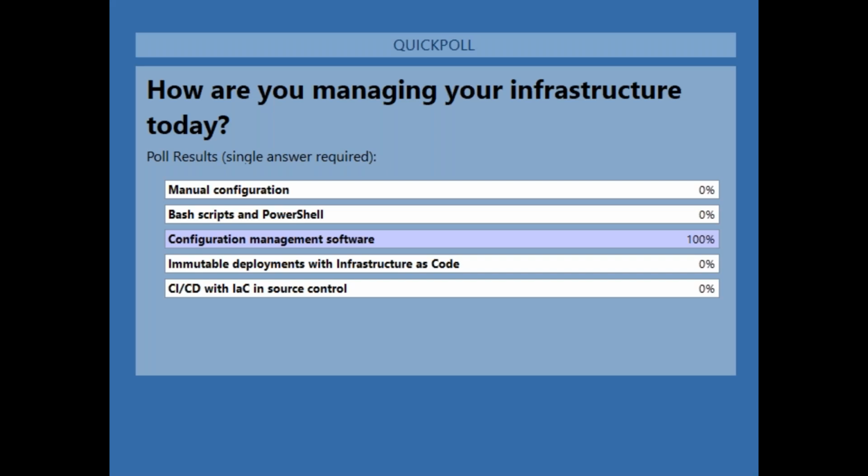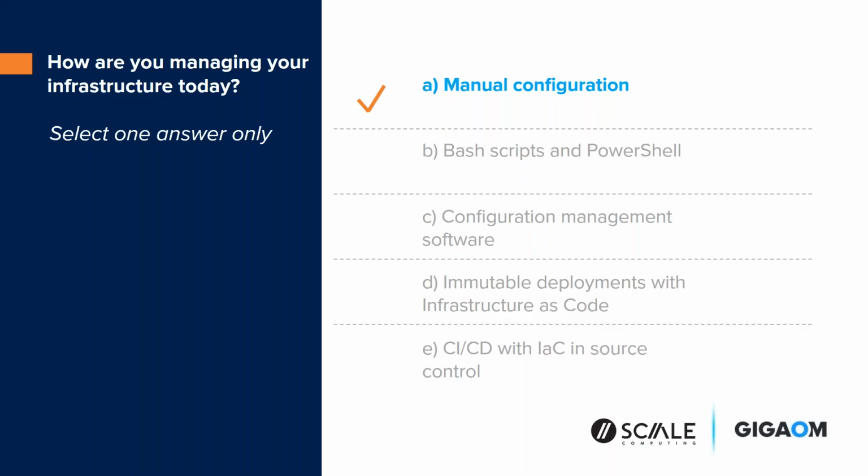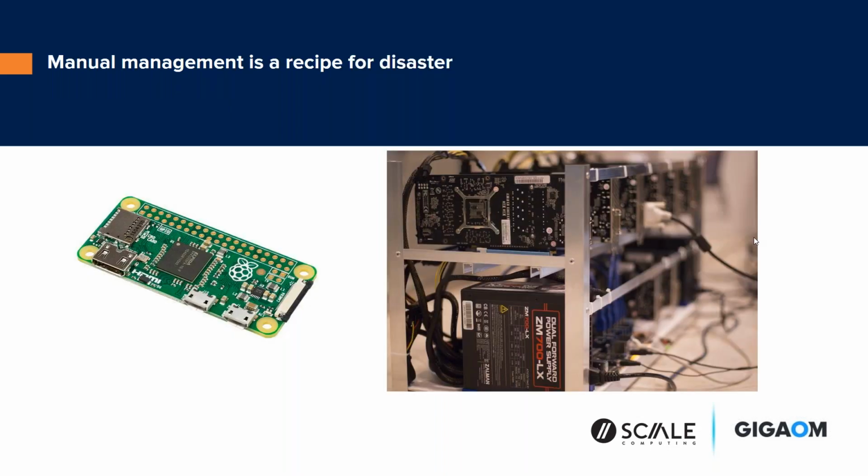I didn't expect that to be the case, but good on everyone that's on the call. That's awesome. That's the sort of thing that you probably also want to have in your edge computing environment.